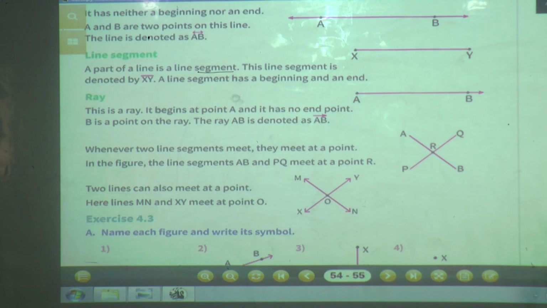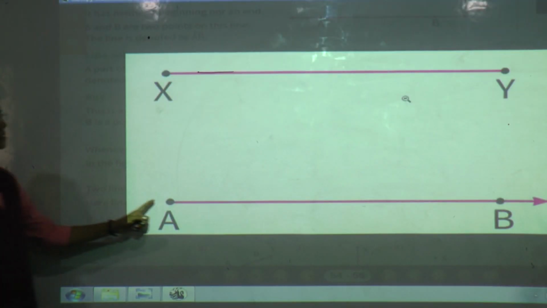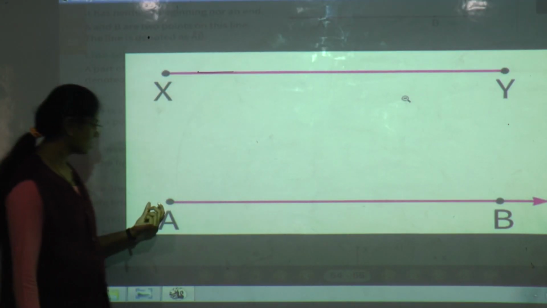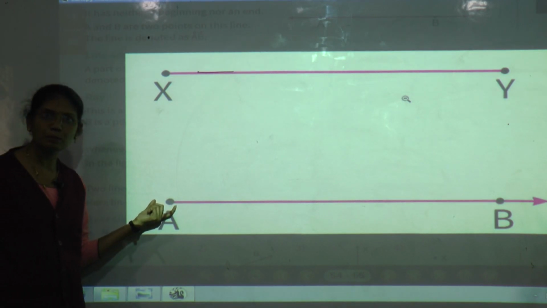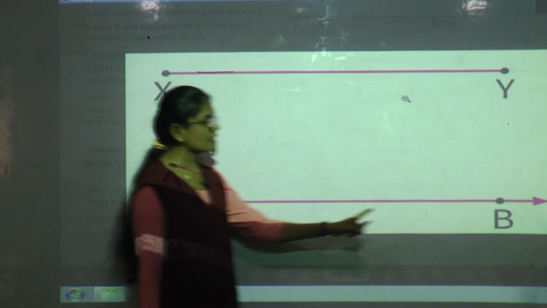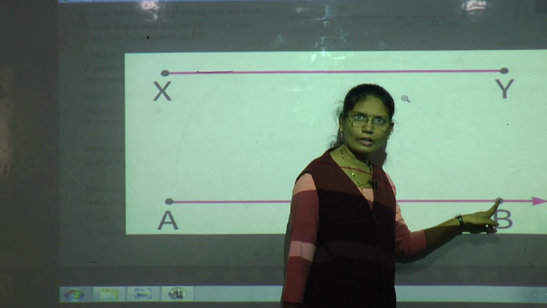Now see this. This is a ray. It begins at point A and it has no end point. Okay, this is a starting point or beginning point. It has a beginning point but it does not have an end point.